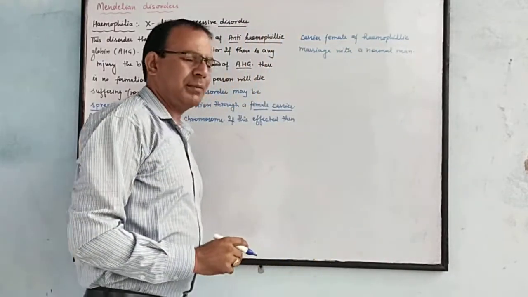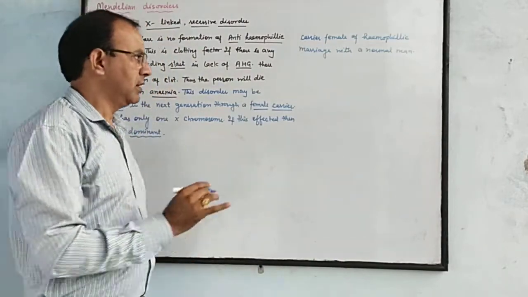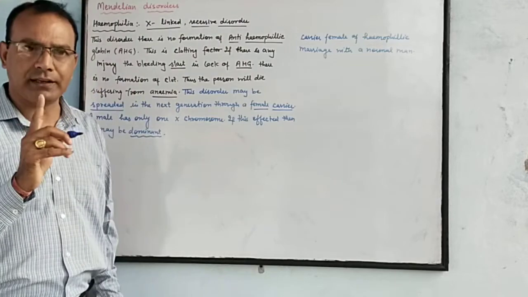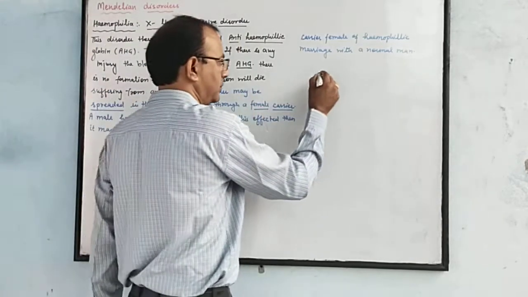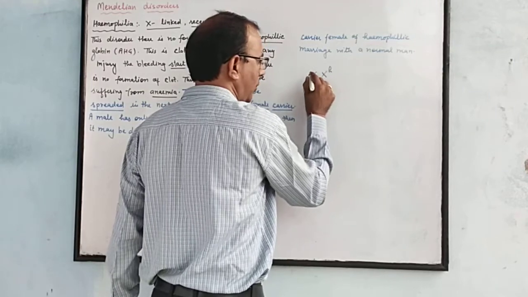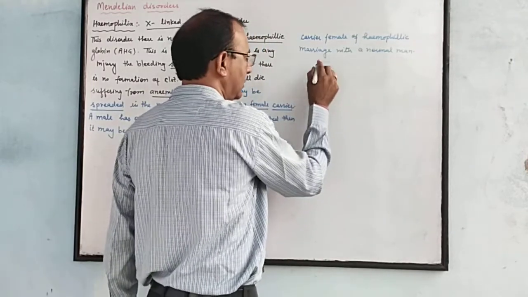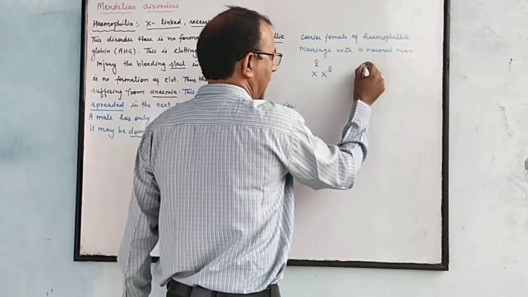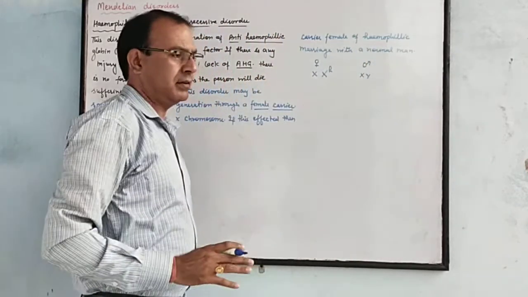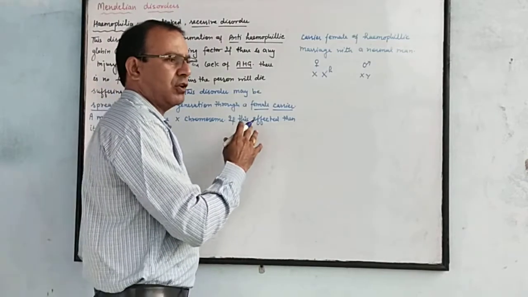A female who is a carrier means one X is affected and one is normal. One is affected, XH, and one is normal, X. This is the female, and the male has only normal, a normal man. Then what is the pedigree chart of this progeny?